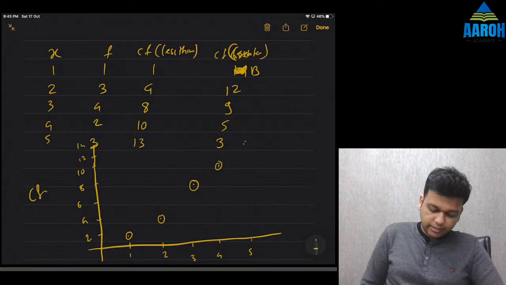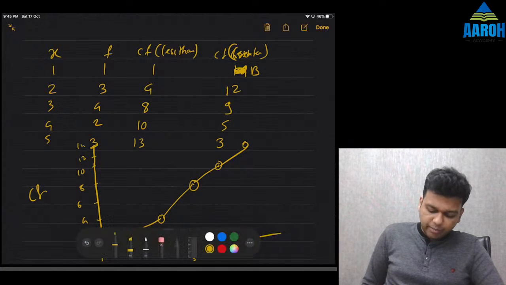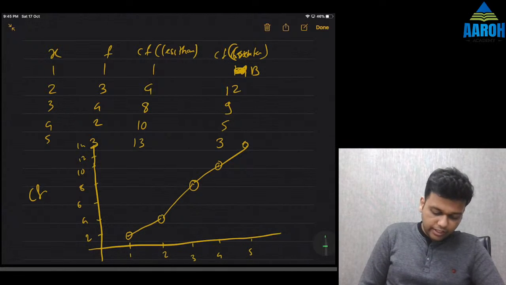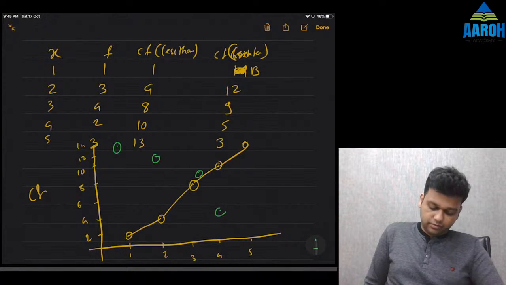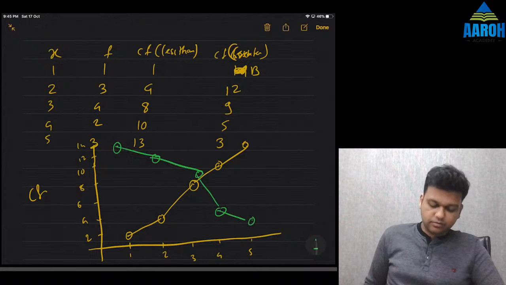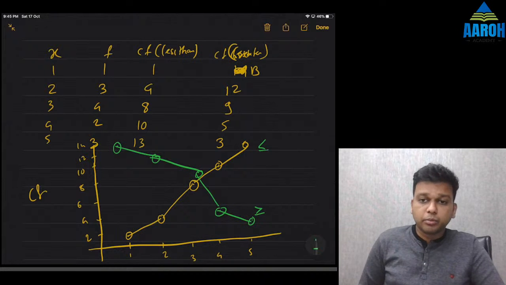So it will look like this. Whereas if you want to plot greater than type cumulative frequency, it will look like 13 first, then 12, then 9, then 5 and 3. So this was less than type cumulative frequency, this was greater than type cumulative frequency.